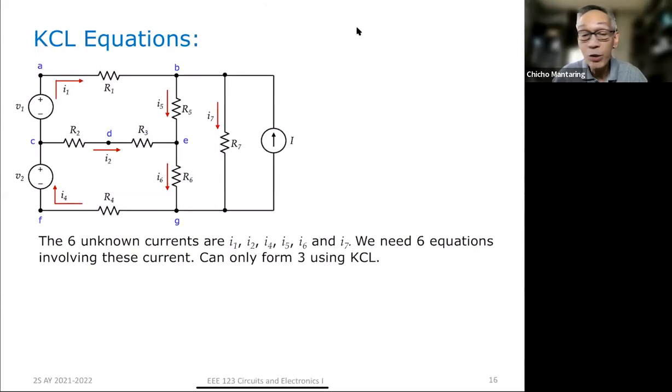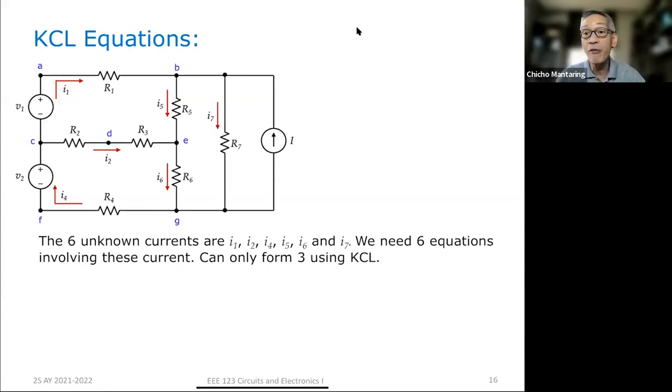Okay, so ito yung mga unknowns ko. The directions of current, you can assign that. If you don't know the direction of current, you can assign that. So these are assumed directions. But what I did, I followed the direction based on the polarity of the voltage source. So if this voltage source is supplying power, then my direction of current should be this way.